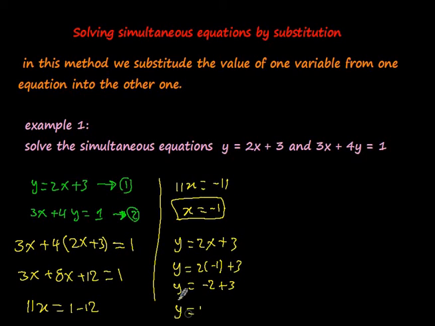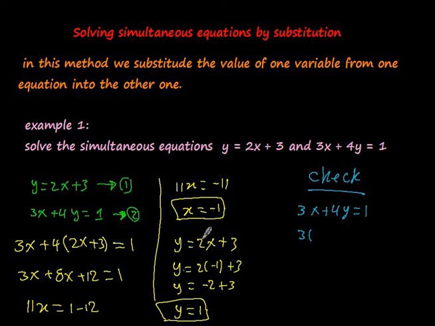So y equals 1. And now let's check the answer. I take the second equation. I know that 3x plus 4y equals 1. So 3 multiplied by the value of x, which is negative 1, plus 4 multiplied by 1.